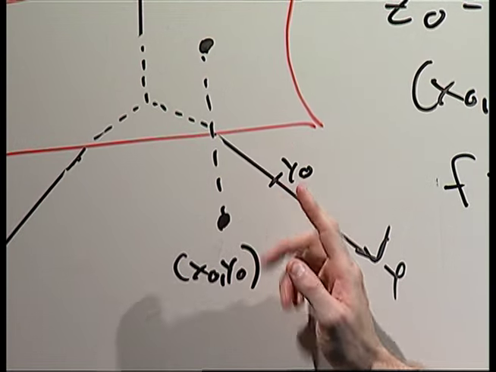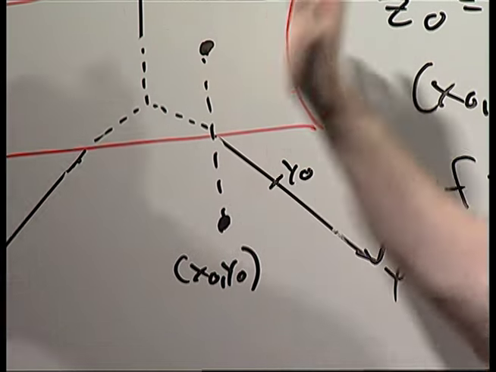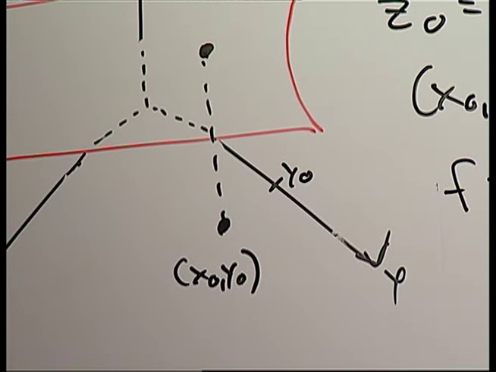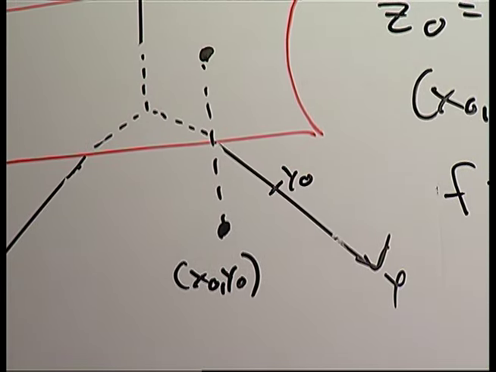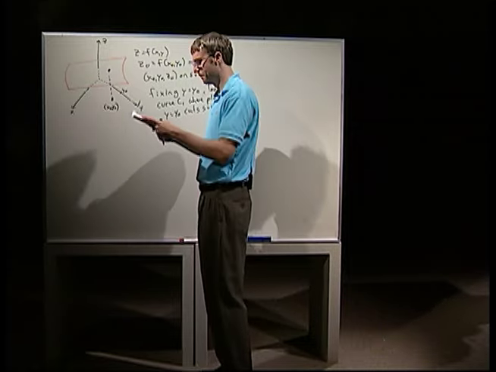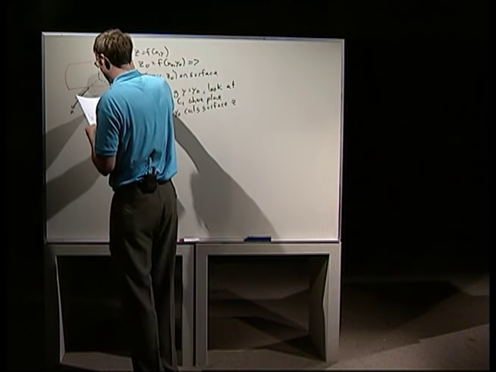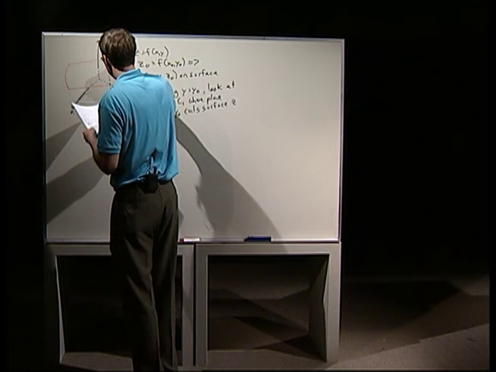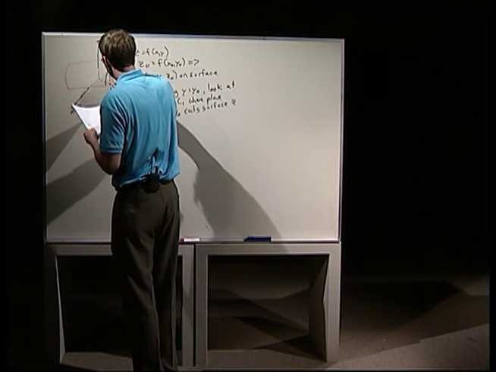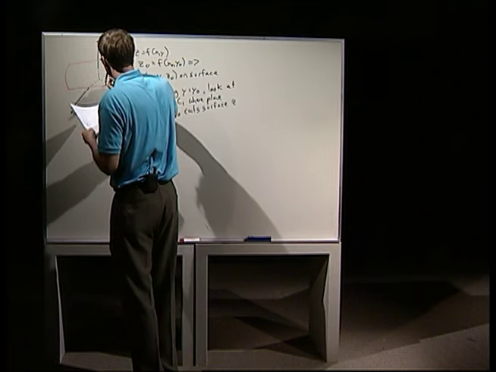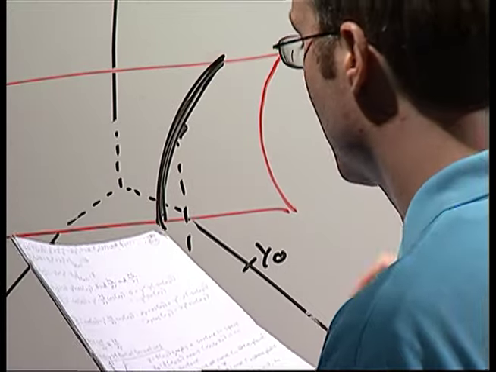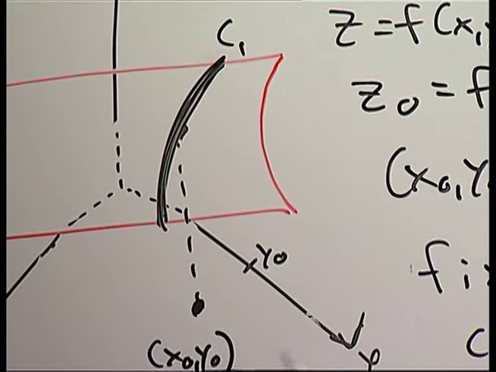Imagine a plane coming out of the y-axis and slicing through this surface. It's going to leave a curve of some sort. And maybe it looks something like that. Well, I've missed my point, but more or less I hit it. That's pretty cruddy, but okay, that'll work. So there's the curve you get.